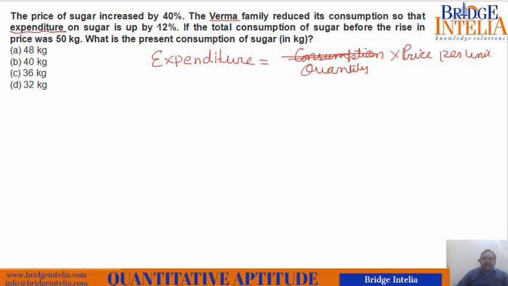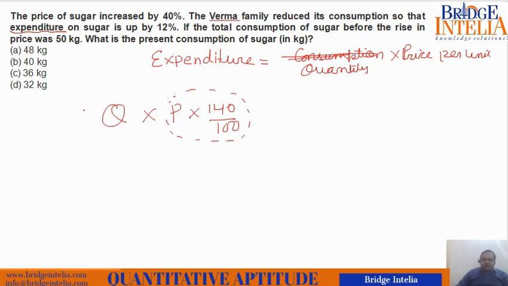So quantity into price. The price of sugar increased by 40%. That means P got multiplied by this. So this signifies an increase of 40%.